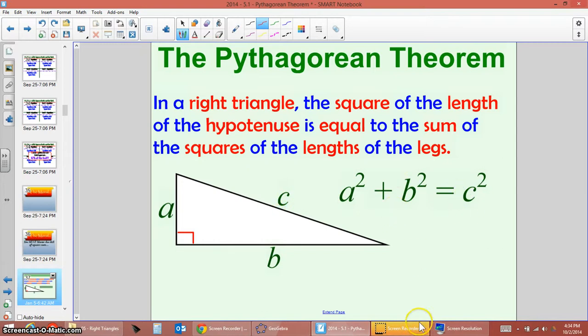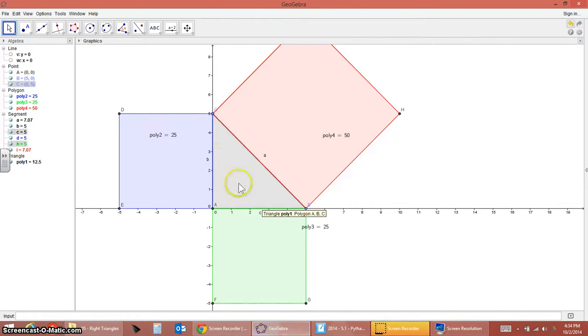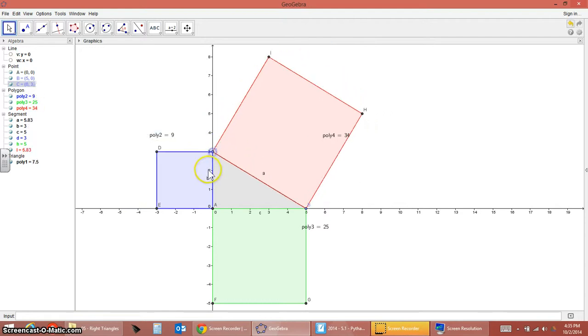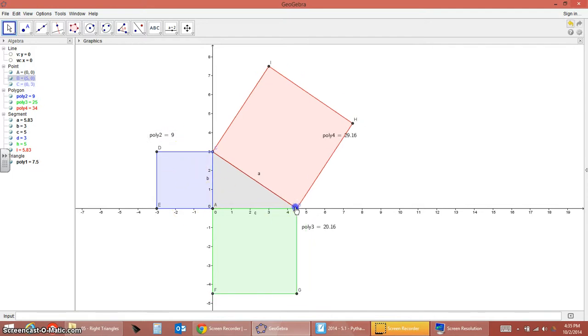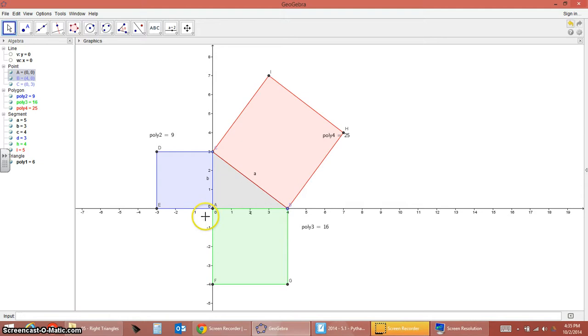And I want to show you a diagram or a demonstration of this. Here we have a black triangle right here in the middle. It's kind of a dark gray. Okay. And currently, let's talk about this side length here. If I move this side length here to be a 3, the area of the square built next to it is 9, right? Because 3 times 3 is 9. Now I move this triangle here to be a 4, and that means that the area of the green square is now 16, because 4 times 4 is 16.